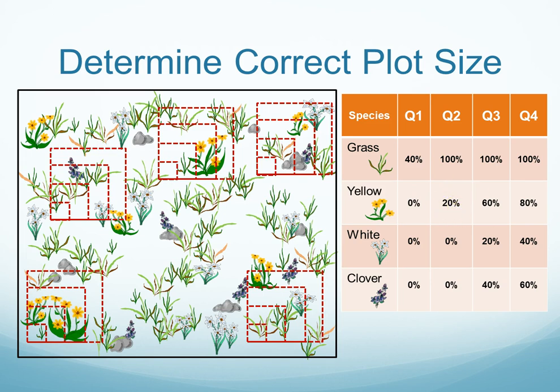And we see that as we increase the quadrat size, the frequency of the yellow daisy increases from 20% to 60 and then 80%.